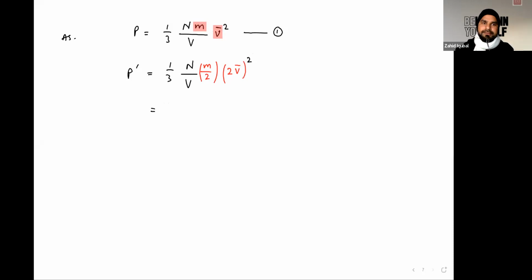You will get 1 by 3 n by v, m by 2 as it is, and 2v on squaring will become 4v bar square. This term and this term will cancel out in 2 times. So you're left with 2 times 1 by 3 nm by v and v bar square. Let's say this is equation 2.